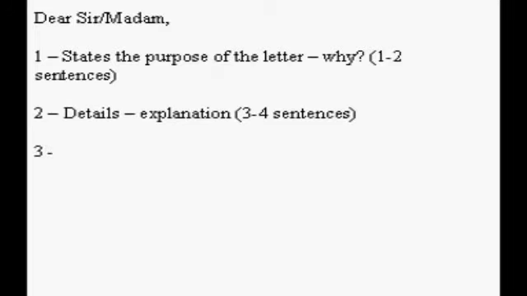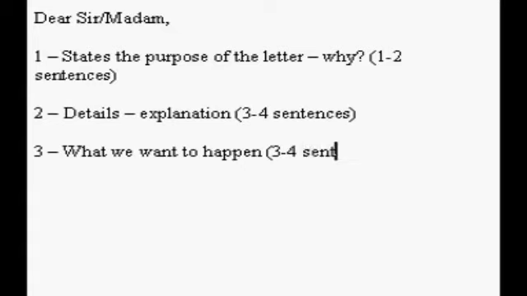Now the third paragraph talks about what we want to happen, or what we expect. Once again, this is roughly 3 to 4 sentences long. So if we go over these sections again together, in this first section we're going to say why we're writing.